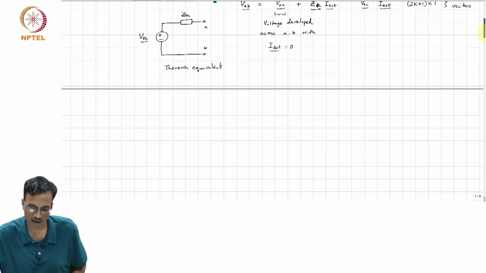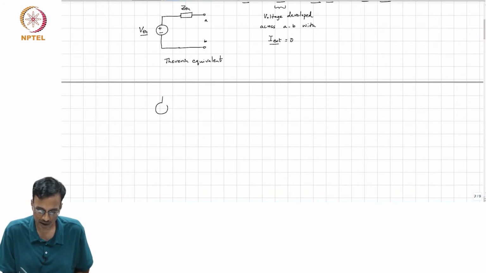Likewise, one can have a Norton equivalent. I am not going to derive it again here.